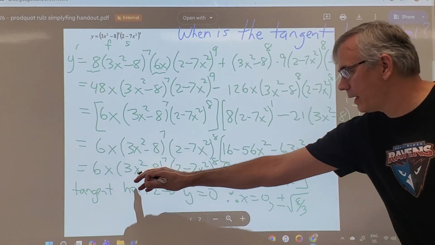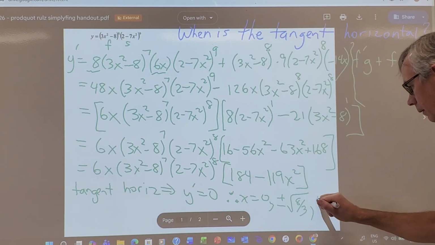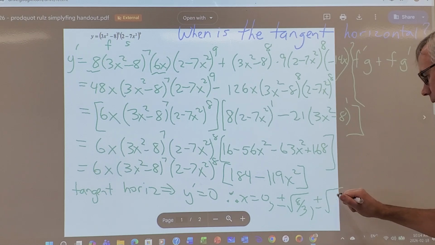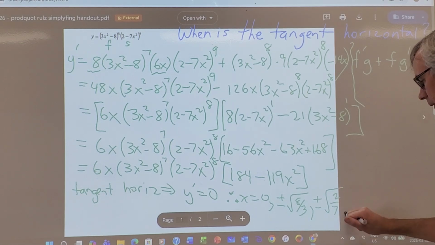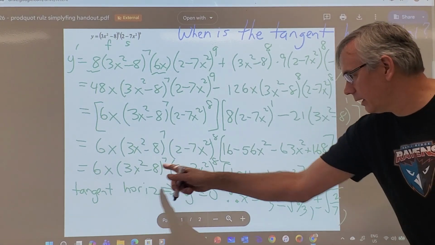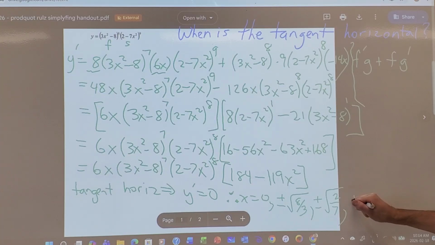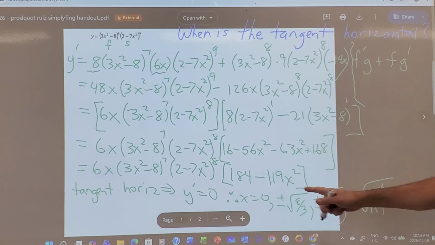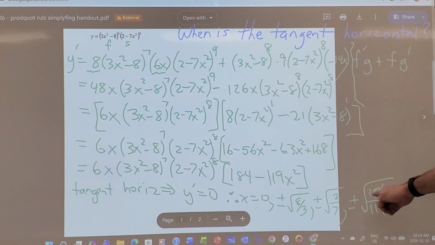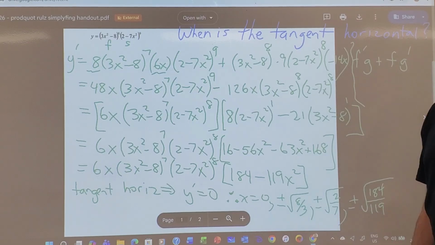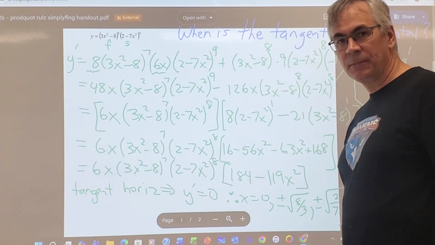Plus or minus the square root of 2/7 from the second bracket. And finally, plus or minus the square root of 184 over 119 from this term that we just created. So this thing actually has 1, 2, 3, 4, 5, 6, 7 places where the tangent is horizontal.